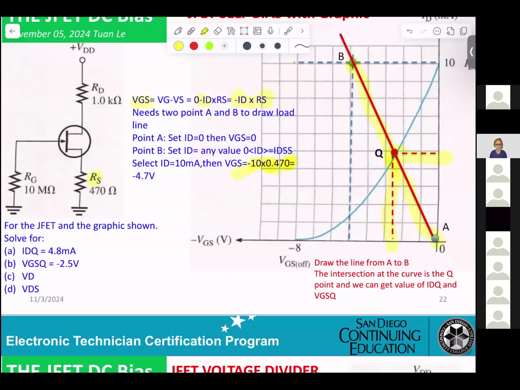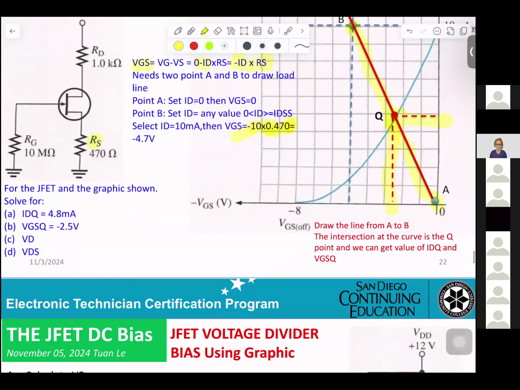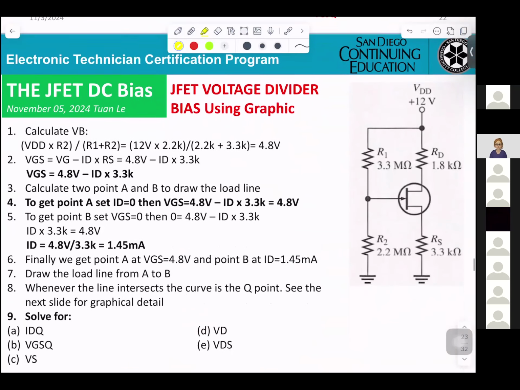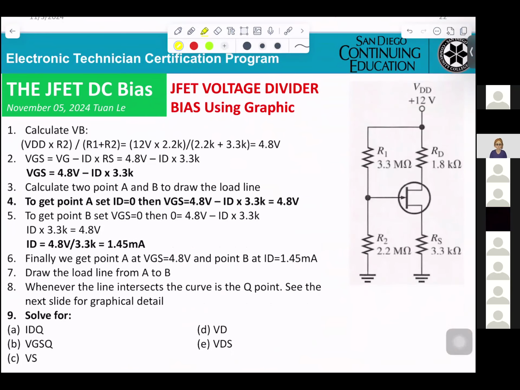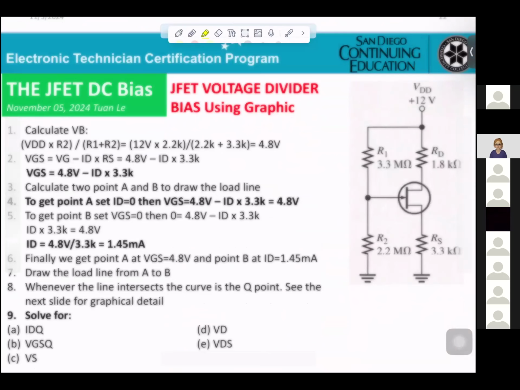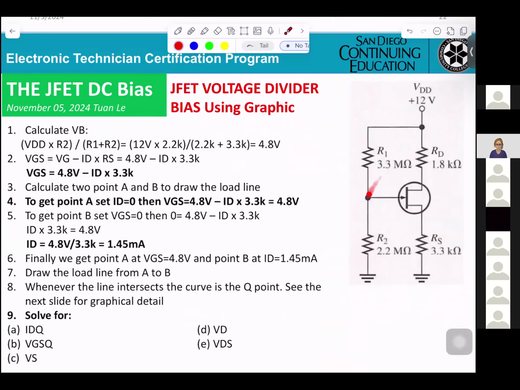However, what I'm telling you, you don't have to do that. That's for engineers. And then, same thing, voltage divider using the graphic. If they give you this circuitry without any help, you cannot solve it.